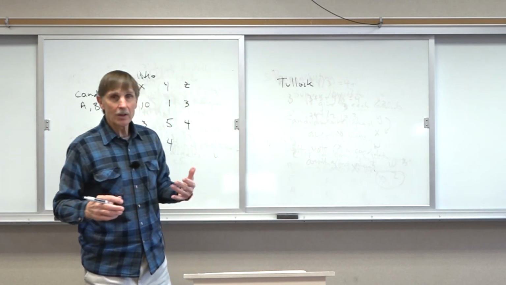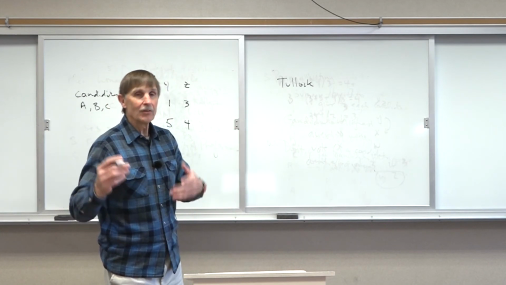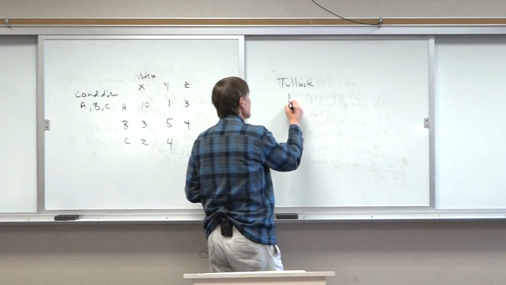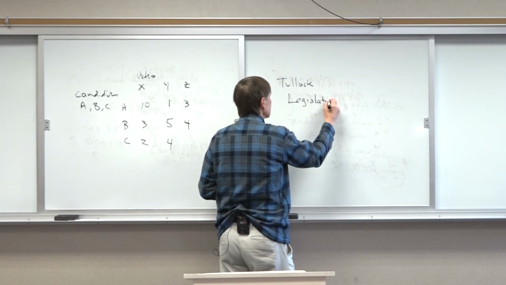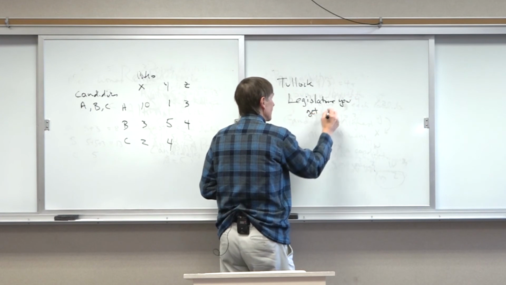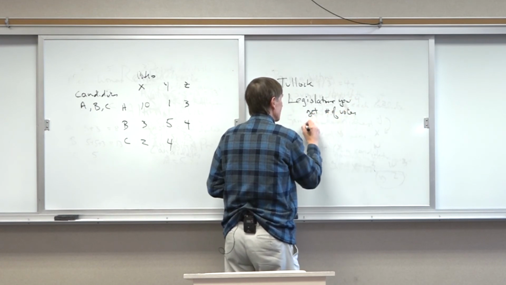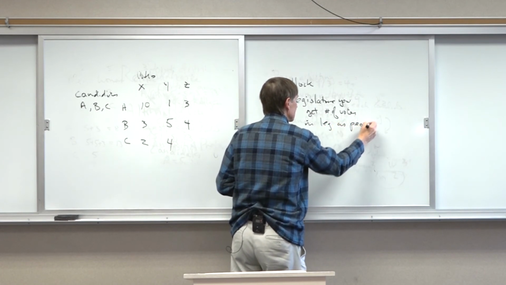So the way this would work is everybody runs as a candidate. Every voter runs as a candidate. And in the legislature, you get the number of votes as the people who voted for you.